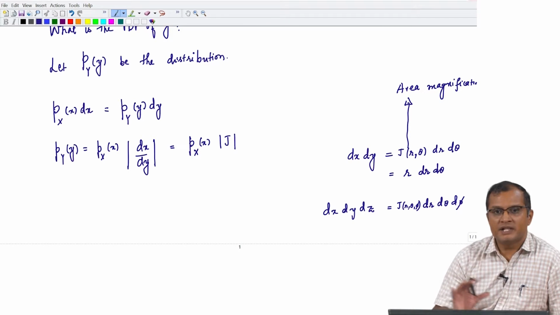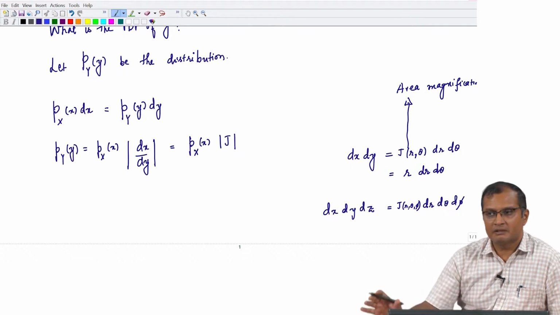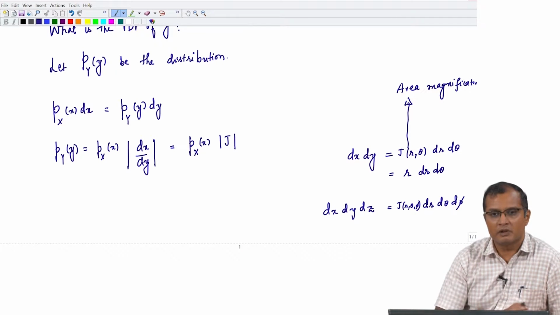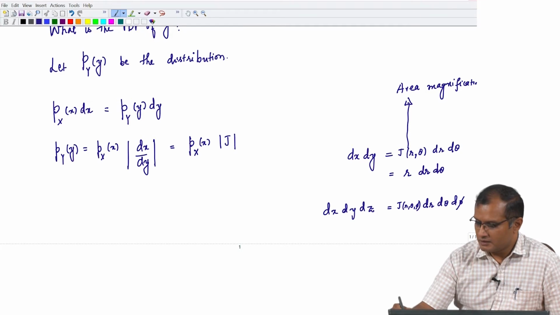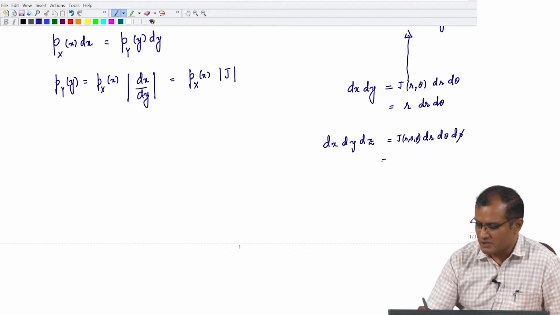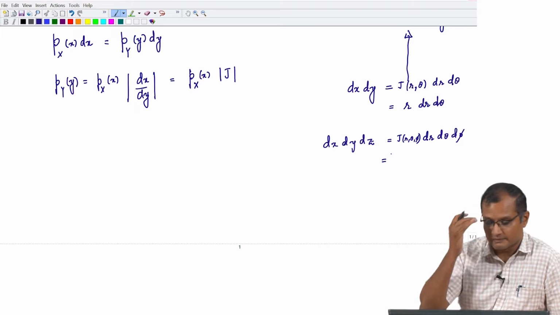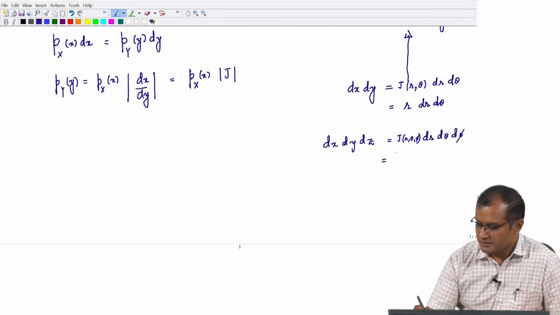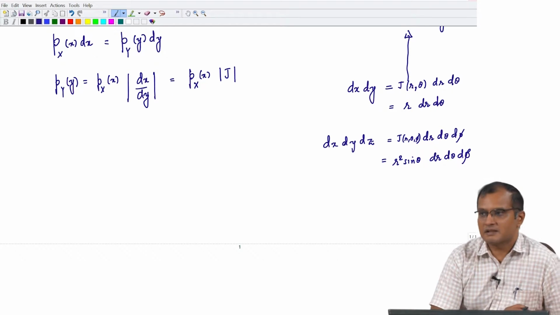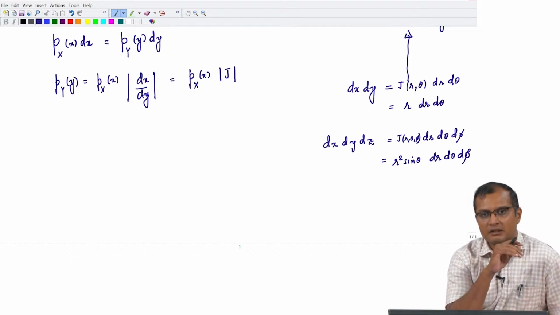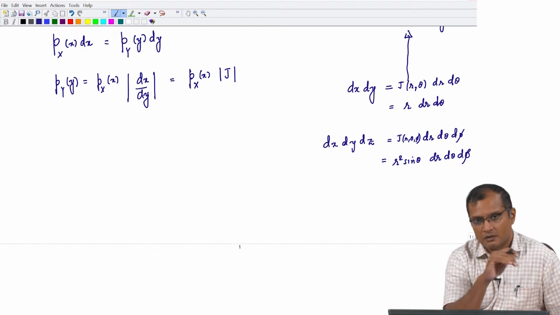This will give me how the volume element in spherical polar coordinates is related to the volume element in the Cartesian coordinates. And if you do the calculation, which I will defer for the assignment, this will come out to be r square sin theta. So, in some sense the Jacobian r square sin theta is the volume amplification factor of the coordinate transformation here.